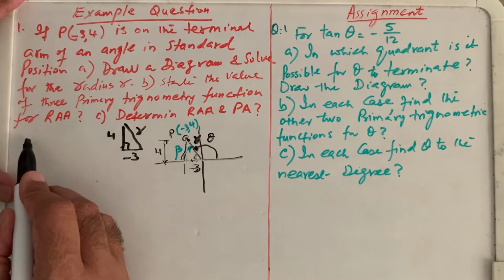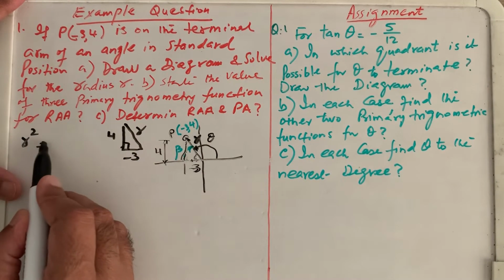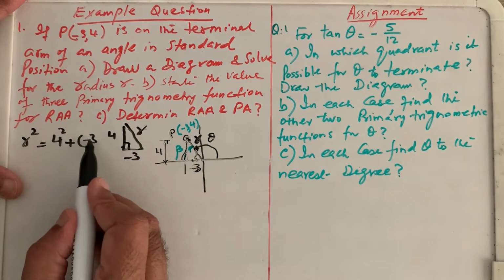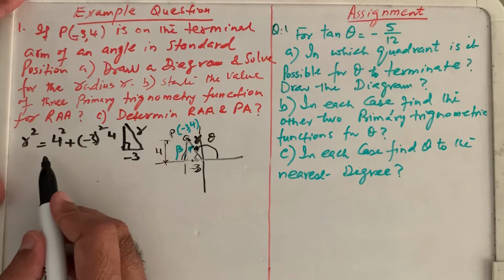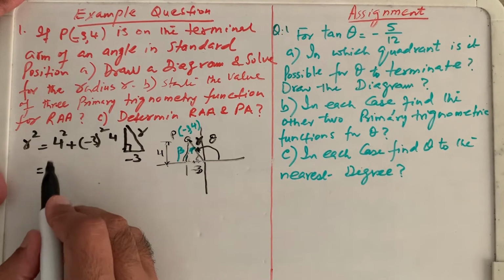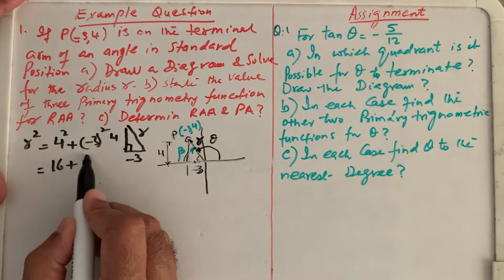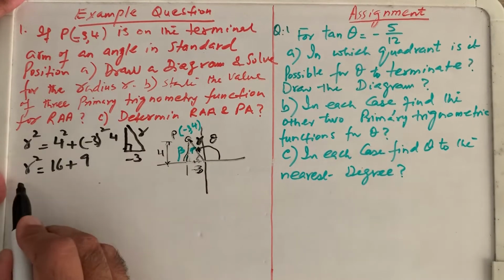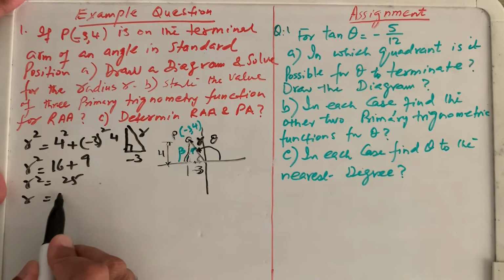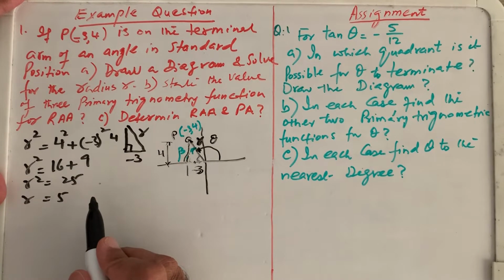It's easy to calculate, because r squared equals 4 squared plus (-3) squared. So 16 plus 9, r squared equals 25. Therefore r equals 5.